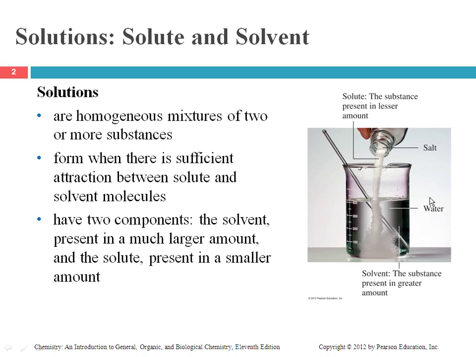So if we look here, we've got salt water. The salt coming into the water in the beaker, we would stir this, and the water would be our solvent, and the salt would be our solute. As we stir this, we'd be able to dissolve the salt up to a certain point, and it would be a homogeneous mixture or a solution.